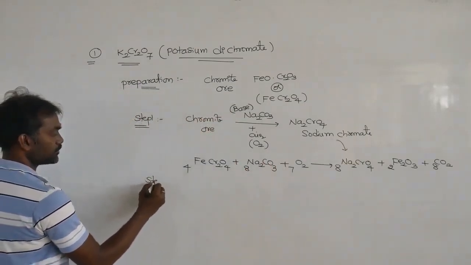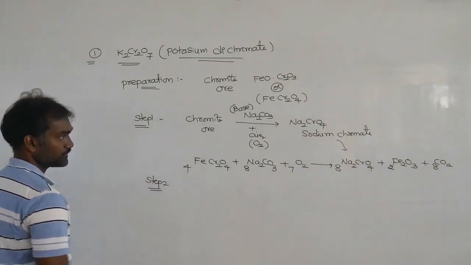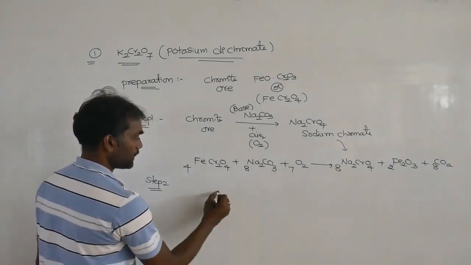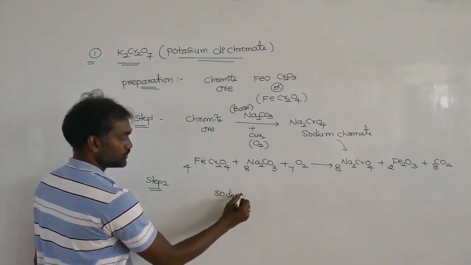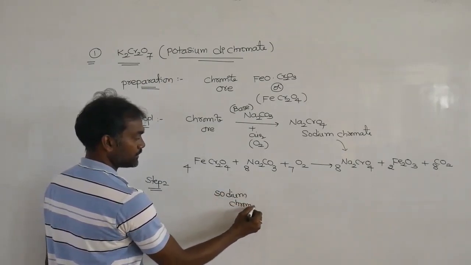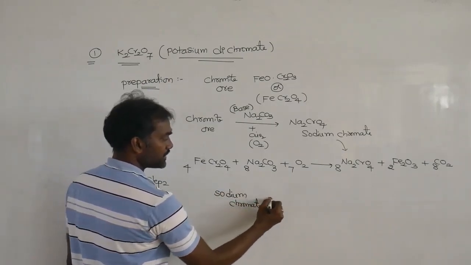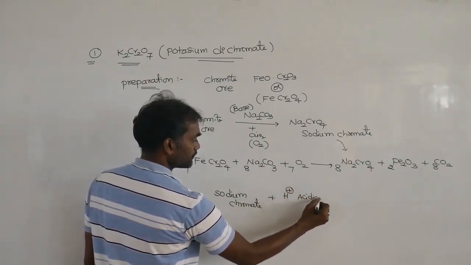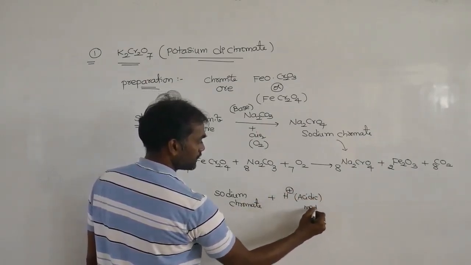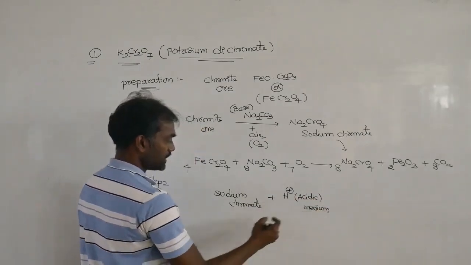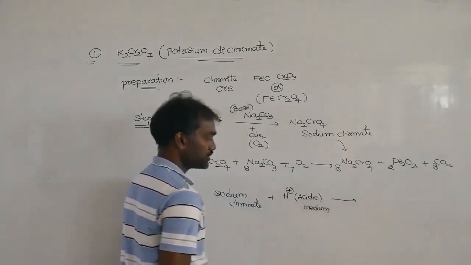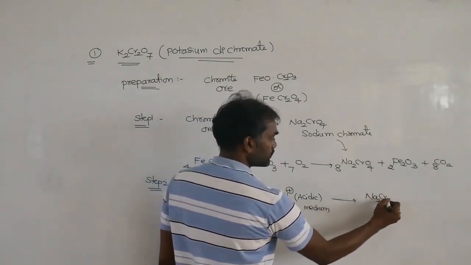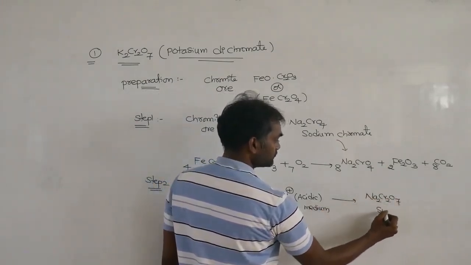Next, step 2. The above sodium chromate is treated with acidic medium. Then you get sodium dichromate, Na2Cr2O7.